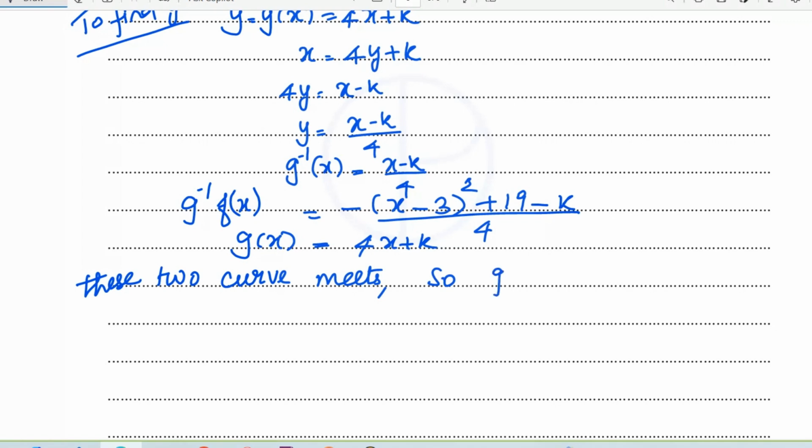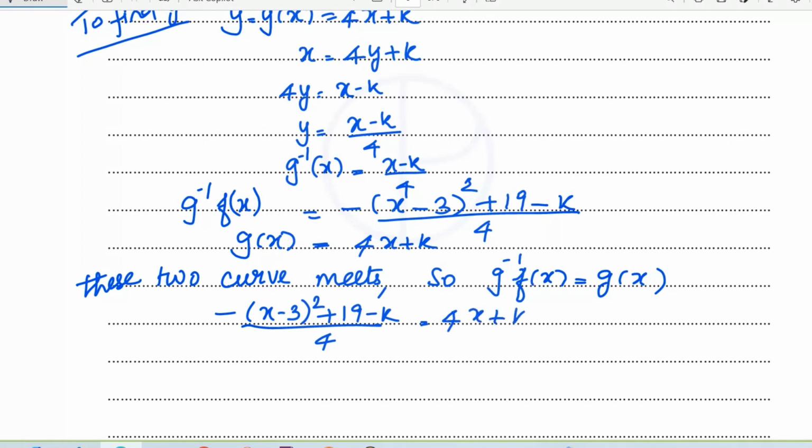So g inverse of f of x equal to g of x. So minus (x minus 3) the whole square plus 19 minus k, divided by 4, is equal to 4x plus k.